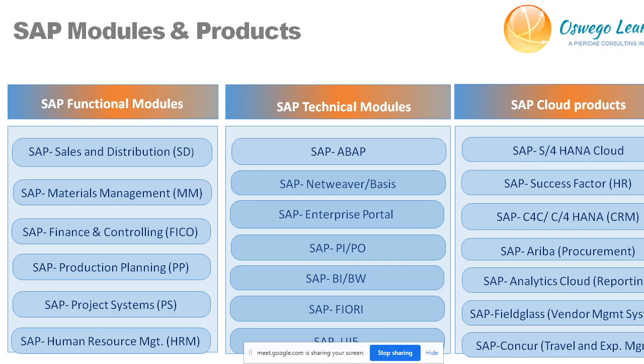Then we have SAP Ariba for procurement purposes, that is the cloud version of material management. They have SAP Analytics Cloud, the cloud version of BI/BW for reporting purposes. And they have SAP Fieldglass for vendor management systems, and SAP Concur for travel and expense management. So this is the bucket of all the products offered by SAP.